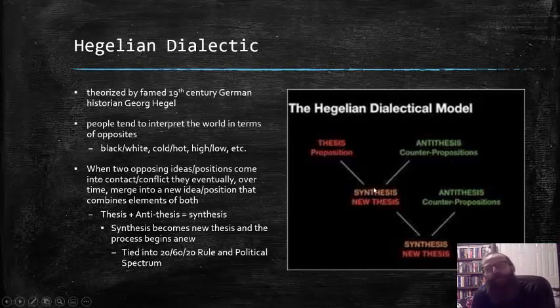So slowly over time, the conservative position is moved ever so slowly towards the left, and the whole political spectrum is shifted to where what used to be the radical or liberal position then becomes the new conservative position. And this is shifted slowly over time.